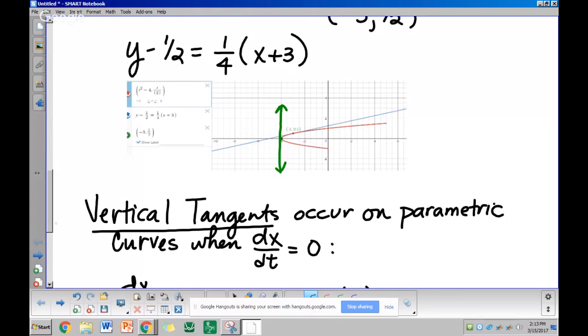But wouldn't it be nice to know how long that curve is? It'd be nice to know how long that curve was. Mr. Dudar, what do we call that when we're finding the length of the curve?